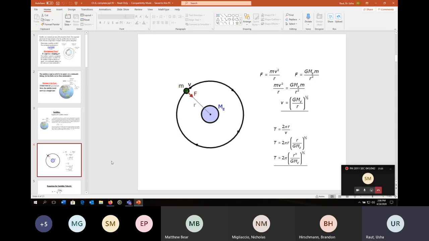And the other important factor is the period of the satellite. The period in general is the time taken for one complete oscillation.